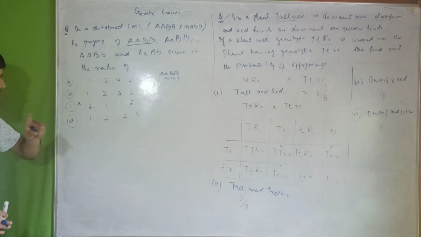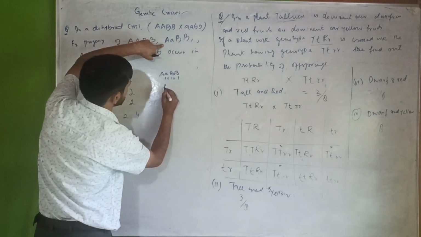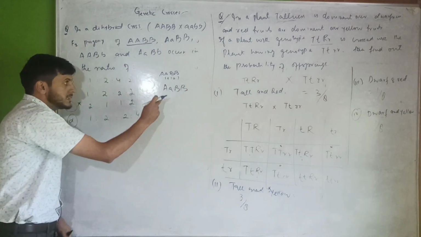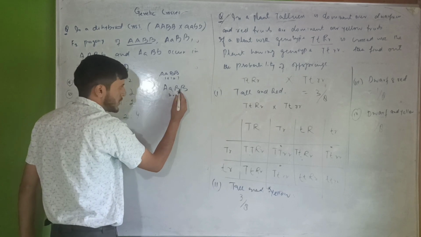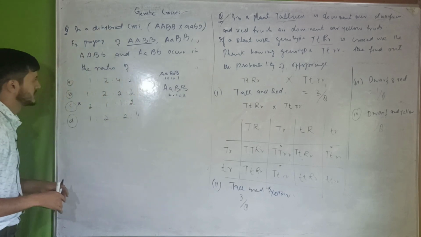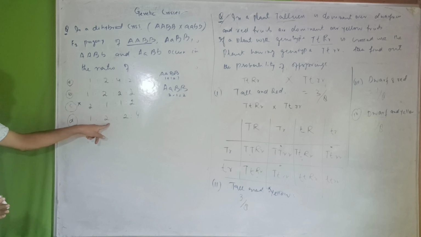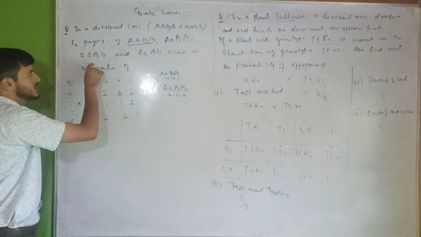Now there are three options: A, B, and D. Then comes capital A small a, capital B capital B. Capital A small a is heterozygous, 2. Capital B is homozygous, 1. 2 into 1 is 2. Again the same in all, so no option is eliminated.